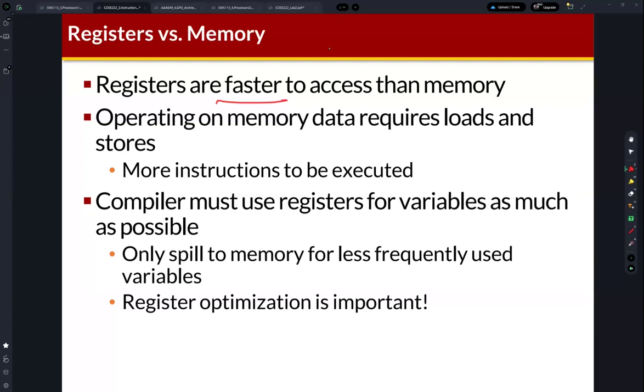We want to execute instructions fast, right? But we cannot store all of our data in the registers because the size is extremely small. So we store the data in the main memory, and then we need to transfer.